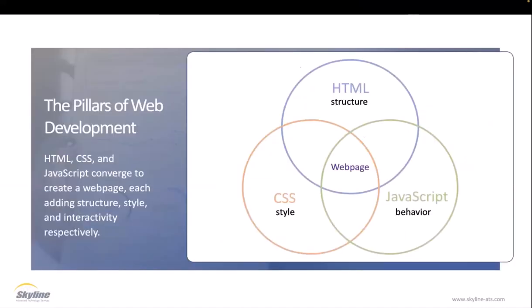So, web development stands on three pillars. We have HTML, which provides page structure, CSS for styling, and JavaScript for behavior. If you only want to contain information on your page, you can just use HTML. If there's absolutely no styling necessary and you don't care what color anything is or how things are aligned and organized, HTML is fine.